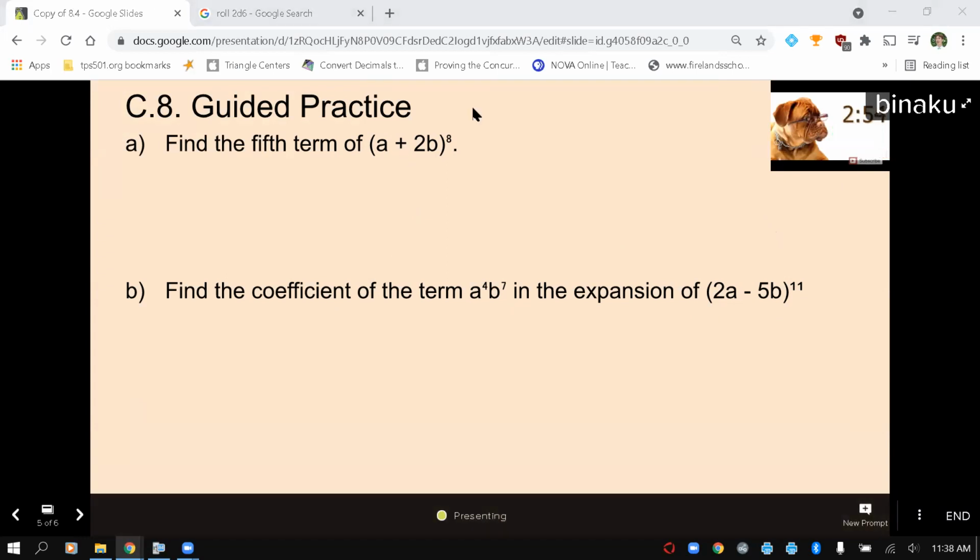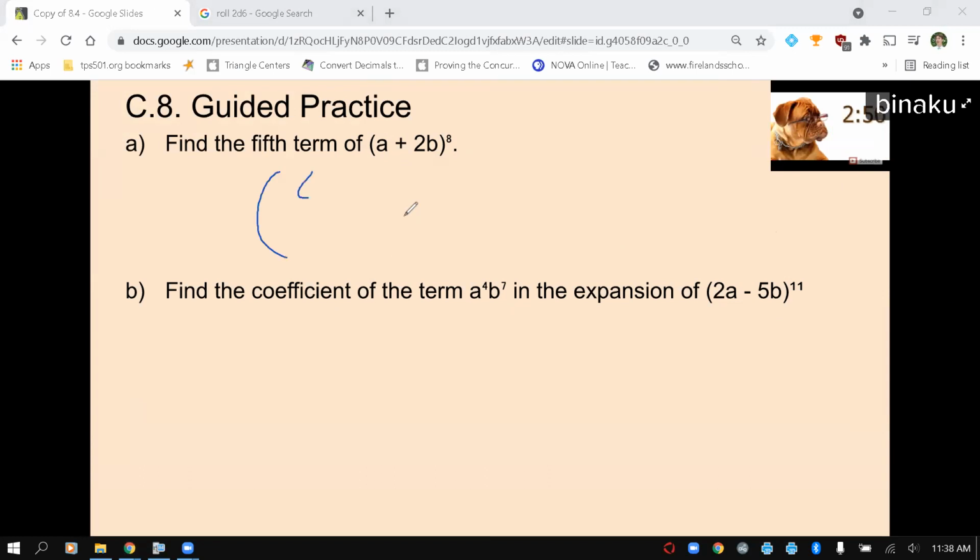Would you like some scaffolding? That's your scaffolding for the first one.